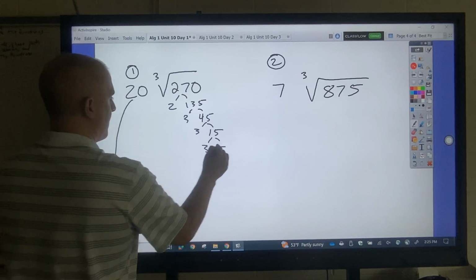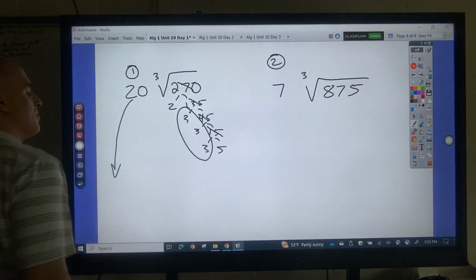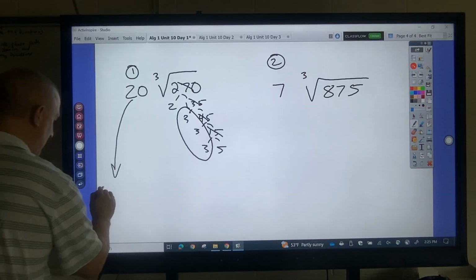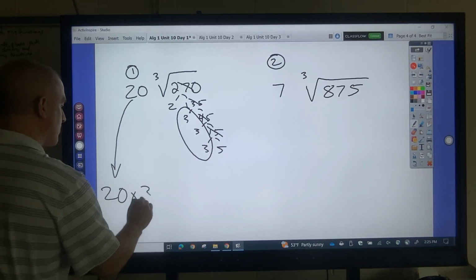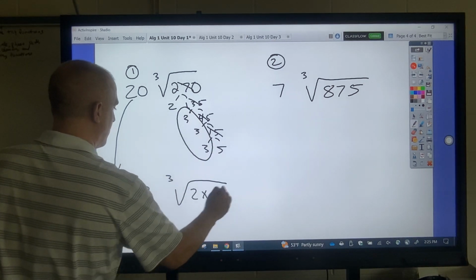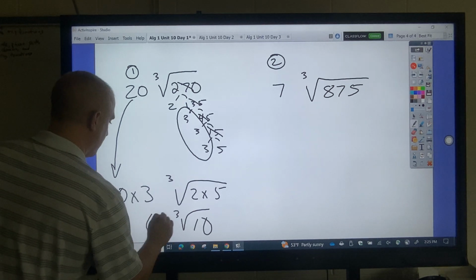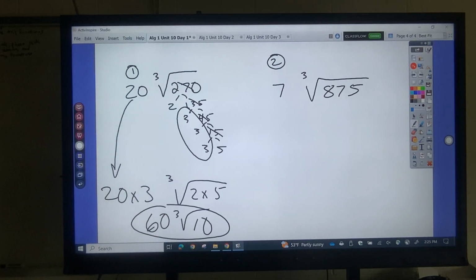Then 3 and 5, both of those are prime. Since it's cube root, I can only pick that. So I got 20 times 3, cube root of, I got 2 times 5 left over, which is 10. 20 times 3 is 60. 60 cube root of 10.